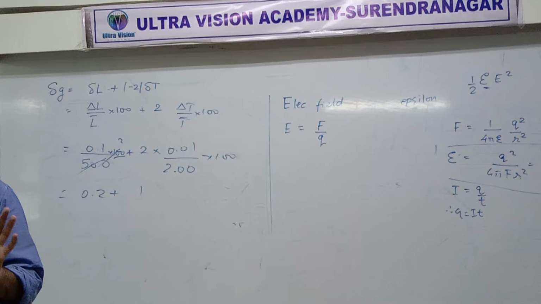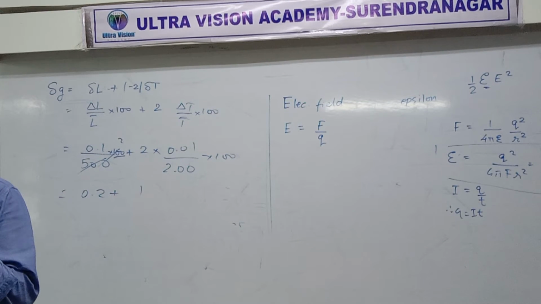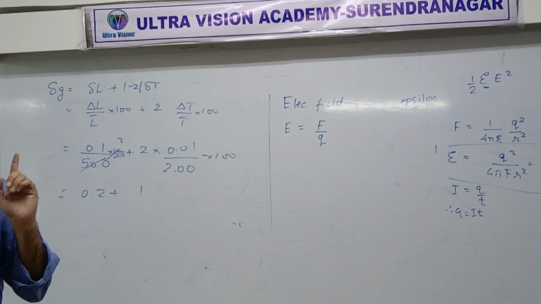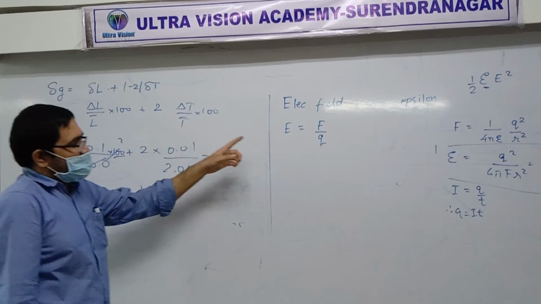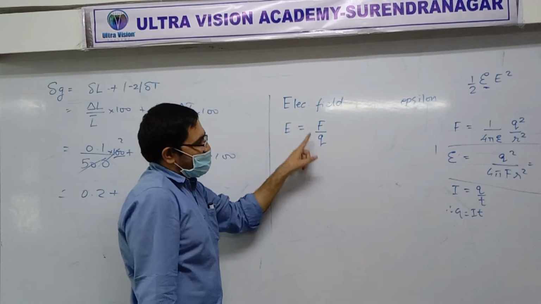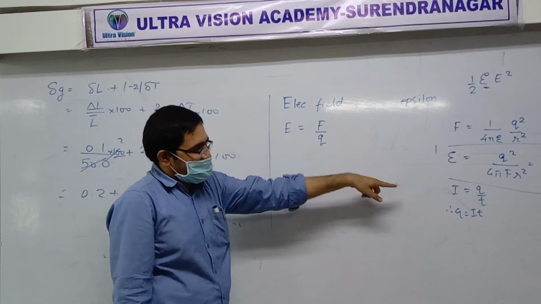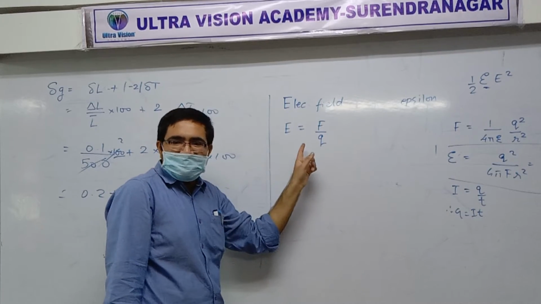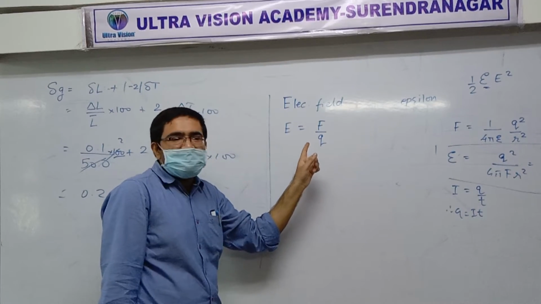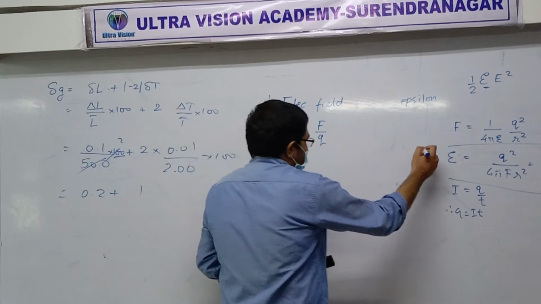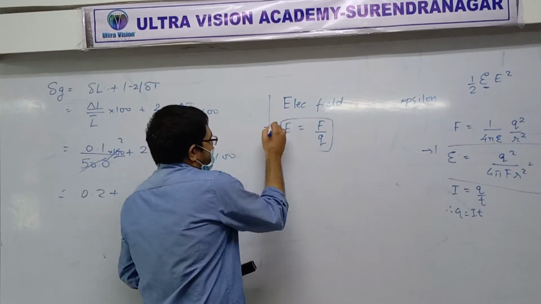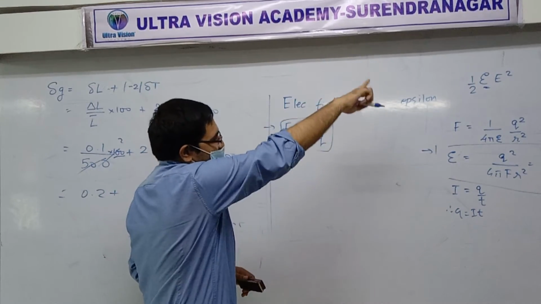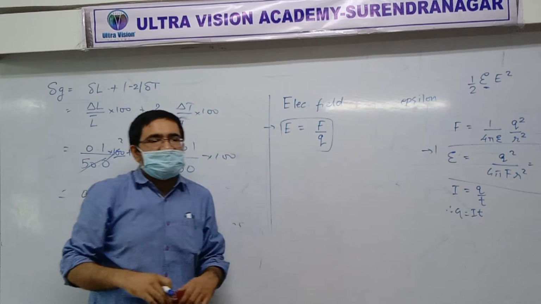Don't worry about that at all. You have 1 year before we study this. Right? E is equal to F upon Q. F for force, Q for charge. Same kind of calculation to be done here. Understood? So write down this formula, write down this one, and then find dimensions and put it over there and get the answer. Did you get it?